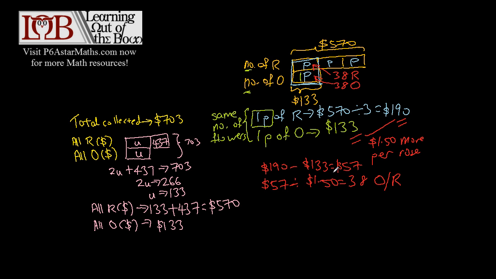Okay, so in that case, we need to find the cost of a stalk of orchid. So one orchid is 133 divided by 38, which is 350.